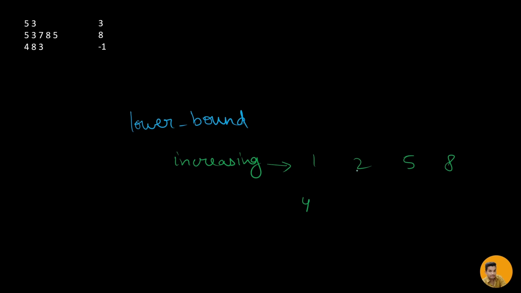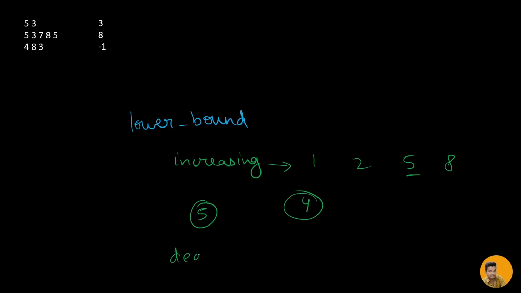So 4 is not available in this list. So the next greater value in this is 5, right? So the output will be 5. So it gives the next greater value of the given value, or if that value is present, it gives that value, in case of increasing.